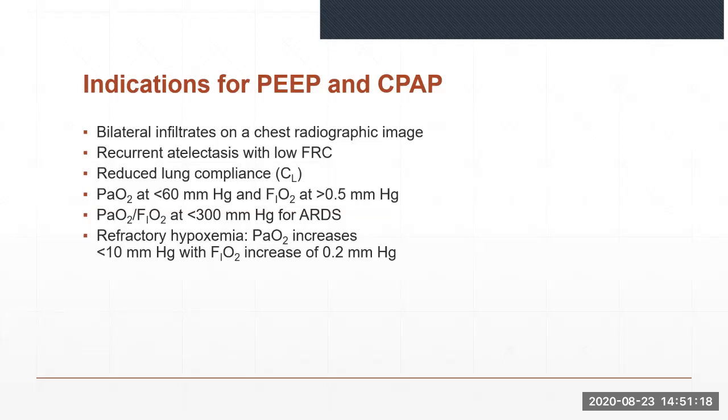Ultimately, PEEP allows for the reduction of FiO2 because it improves oxygenation and helps avoid the complications associated with high FiO2 in certain disorders. Examples of disorders that may benefit from the use of PEEP include ARDS, cardiogenic pulmonary edema in adults and children, and bilateral diffuse pneumonia.